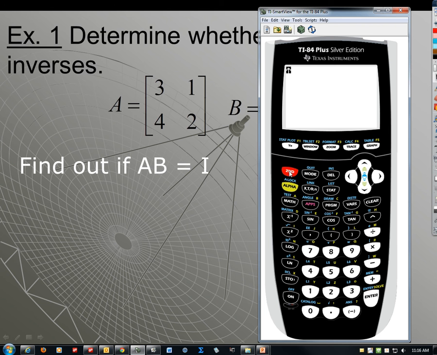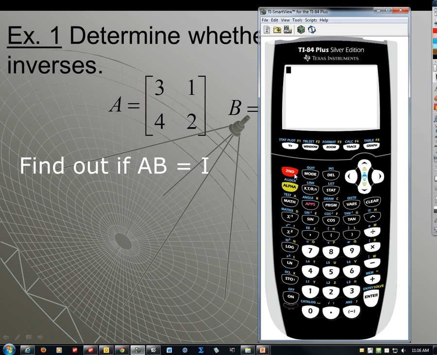I'll show you how. Do a second matrix. Let's edit A to be a 2 by 2. So first row is just 3, 1. Second row is 4, 2. Okay, and now quit.